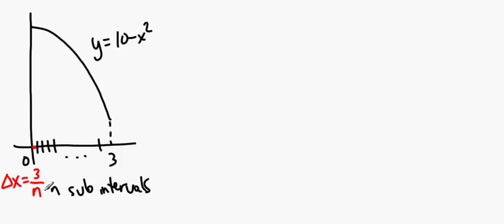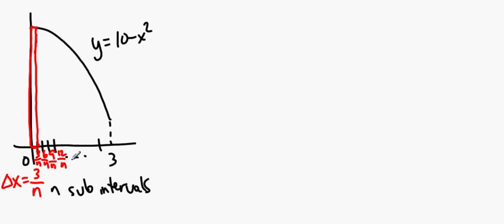The heights of the rectangles, we could do a right rectangular approximation method. No big deal here, because it should be darn close to the left rectangular approximation method. Where is the right endpoint? Well, the right endpoint here is at 3 over n, and this one's at 6 over n, and this one's at 9 over n, and this one's at 12 over n, and so on.